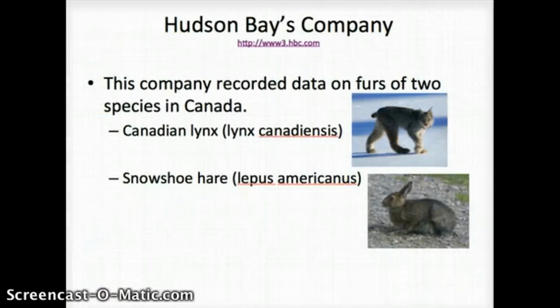So the Hudson's Bay Company kept records on the estimated numbers of a population of Canadian lynx, also formerly known as Lynx canadiensis, and the population of snowshoe hare, formerly known as Lepus americanus.